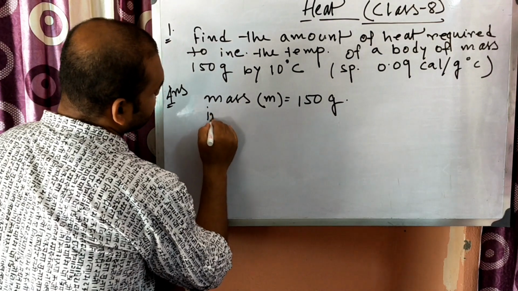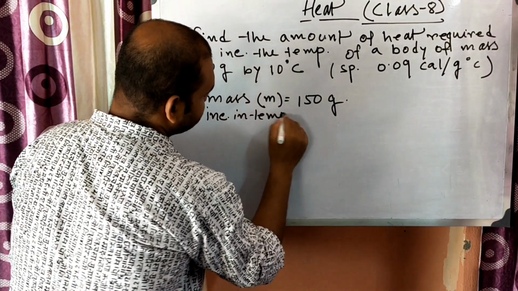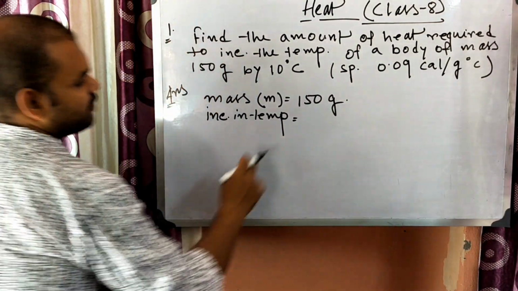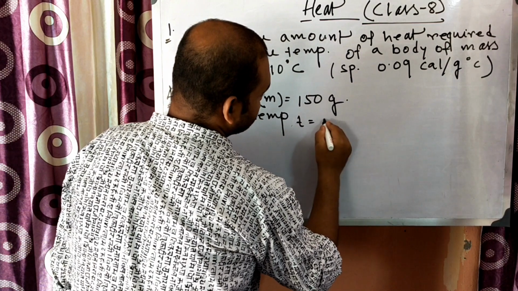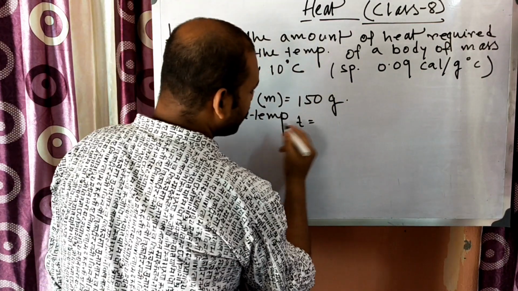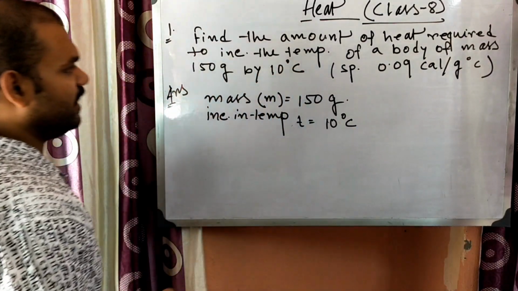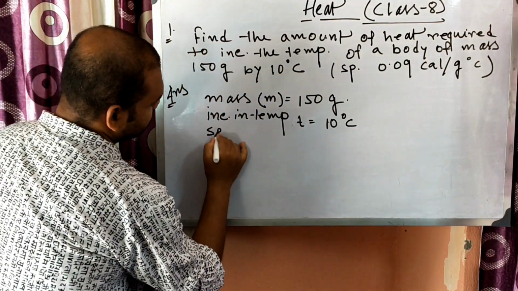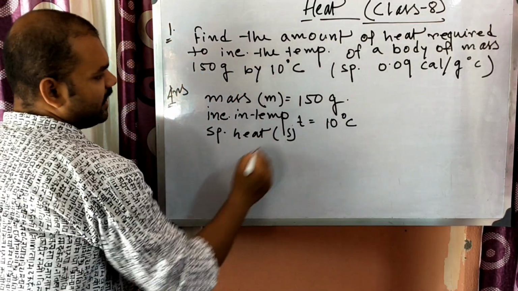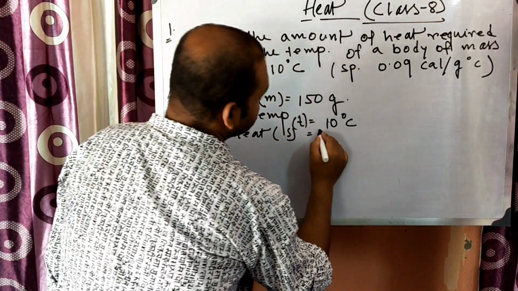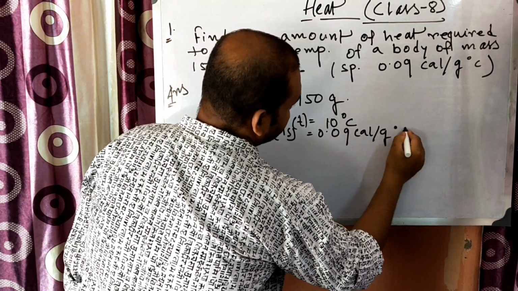Increase in temperature is written as T, because T is equal to T2 minus T1, or you can write theta, so 10 degrees C. And specific heat is written by S, so S is equal to 0.09 calorie per gram per degree C.